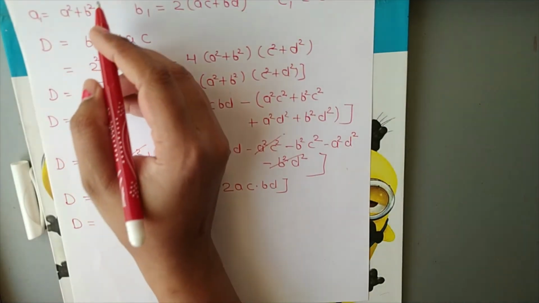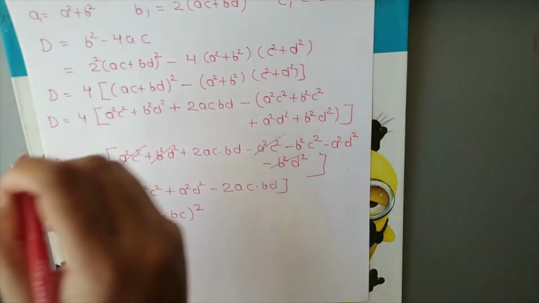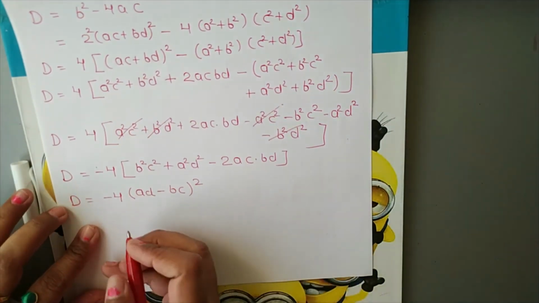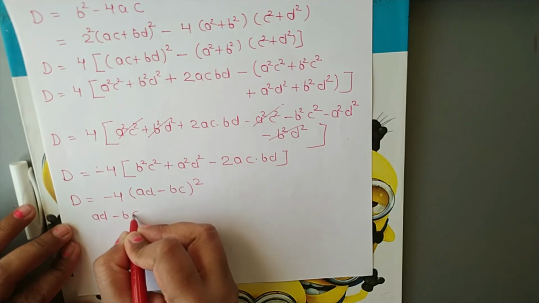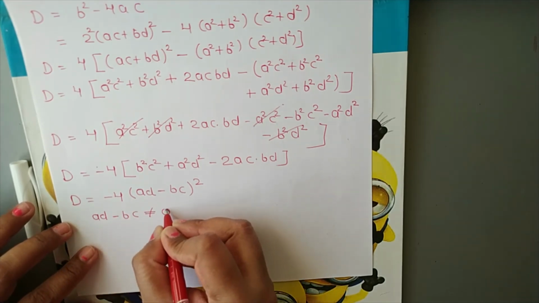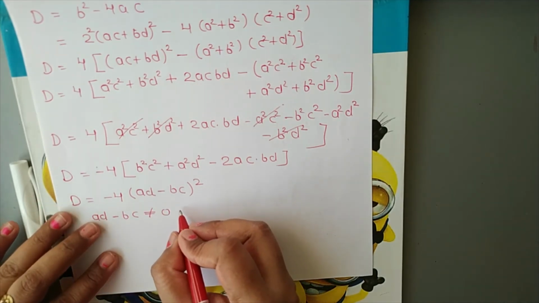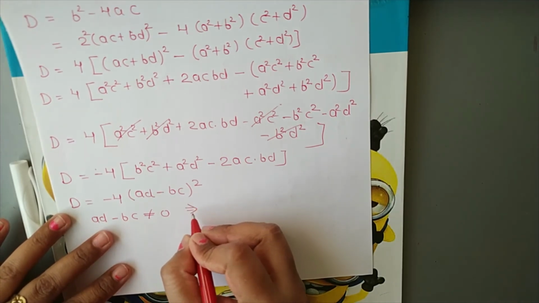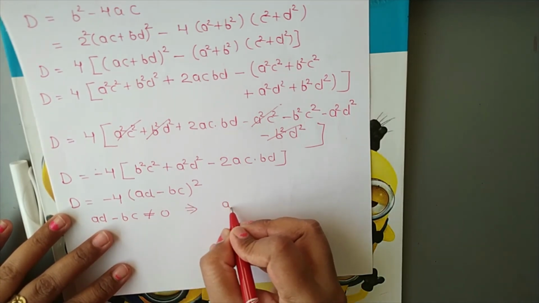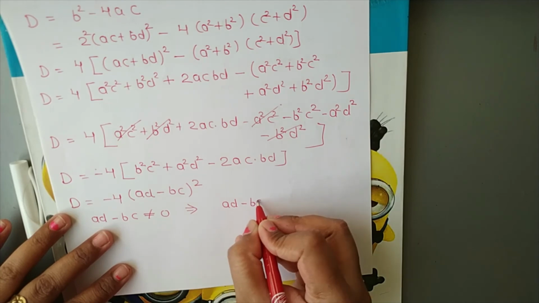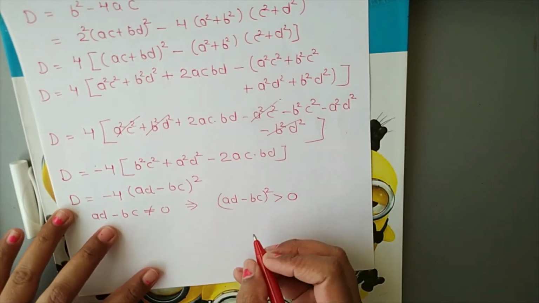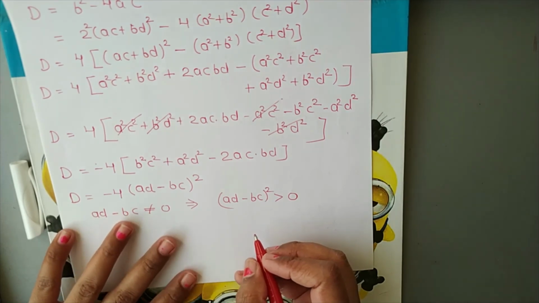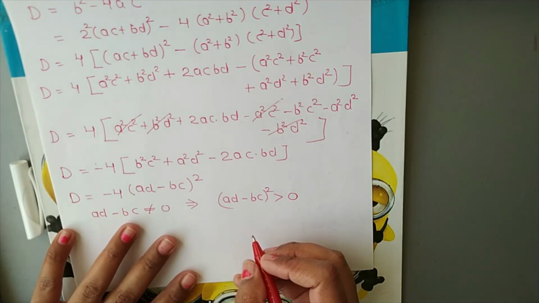If AD is not equal to BC, it means AD minus BC is not equal to 0. It means (AD minus BC) whole square is greater than 0.